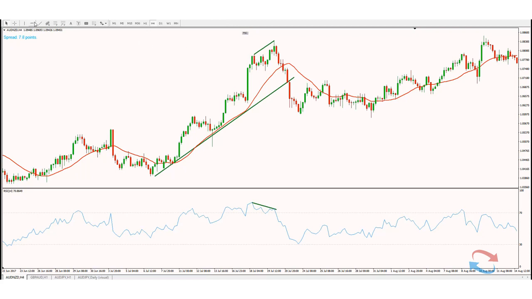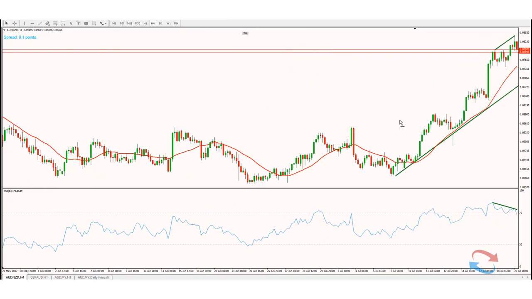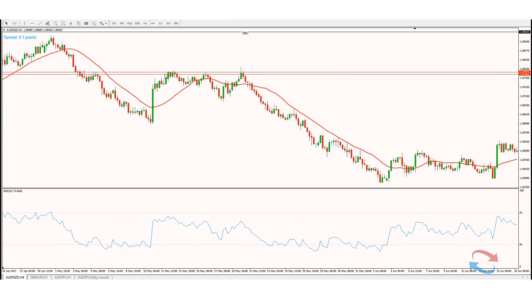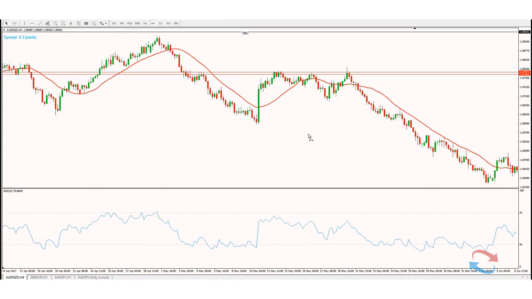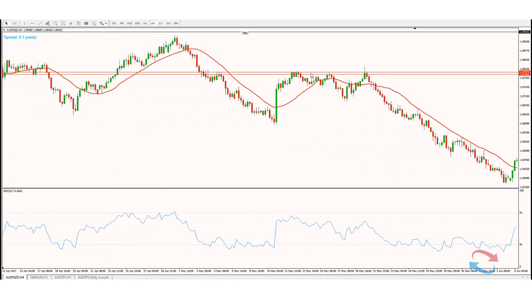So let's check. And there we go. We've got price using this particular level as a resistance.